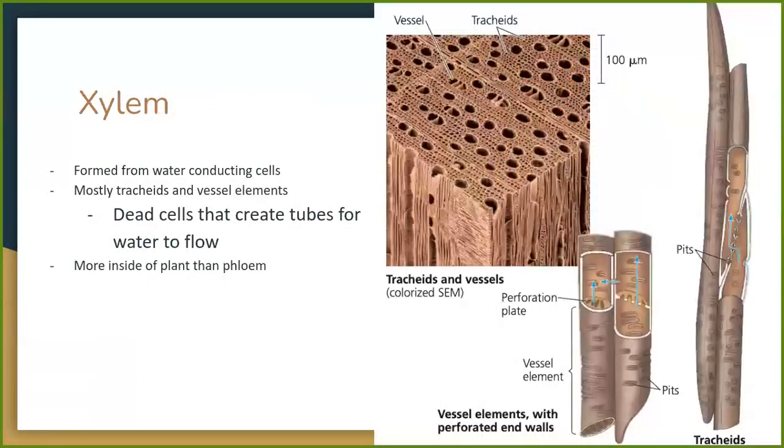And we'll go into more detail on each type of structure. Xylem, again, is the tubes that allow for water movement. They're mostly made from tracheids and vessel elements. These are tubular, elongated cells that are dead, so keep that in mind.